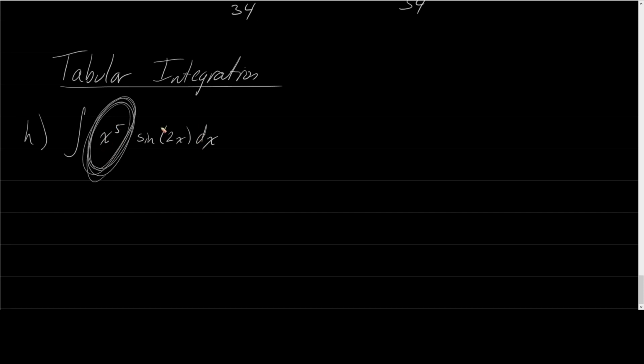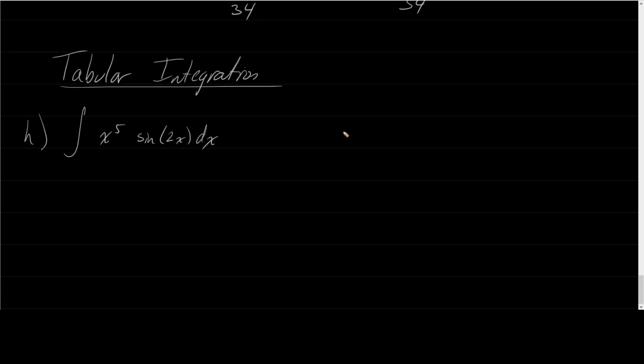Compare that to sine: if I take enough derivatives, it's never going to go away. You just end up back at some form of sine or cosine. But with x to the fifth, if I take enough derivatives, it goes away. So this tabular integration only works when you have that scenario where one part definitely goes away.